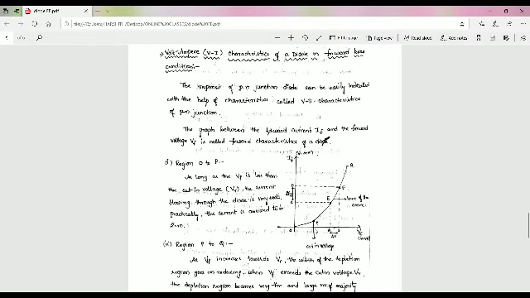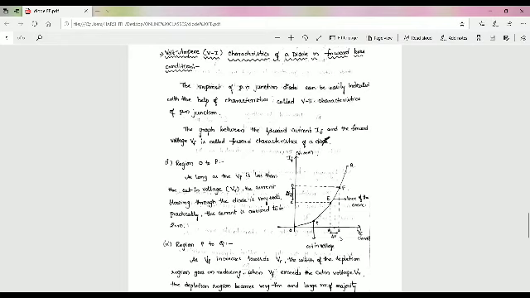Hence, when VF exceeds V gamma, that is the cut-in voltage, the depletion region becomes very thin and the current IF increases suddenly.